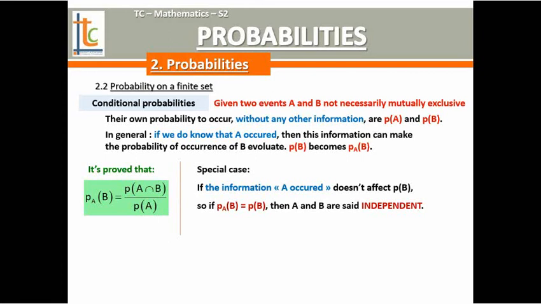A consequence, using the formula on the left, is that P of A times P of B equals P of A intersection B. And this is the only situation where this formula is true. It's not a general formula, but it holds when A and B are independent events. So let's see all of these notions in 3 exercises.